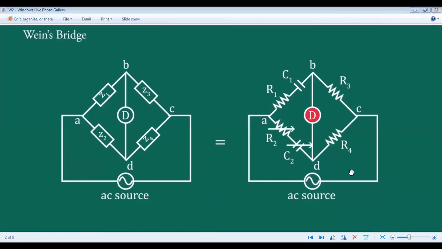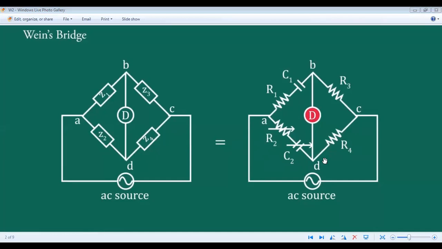If we replace the components of the arms with resistances and capacitances, then our Wien bridge looks like this.